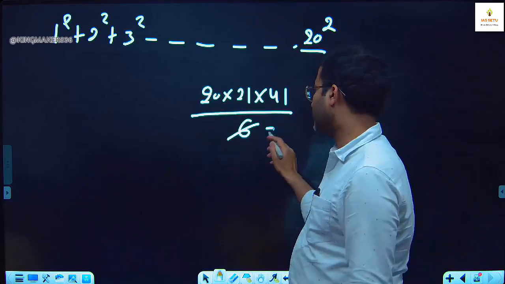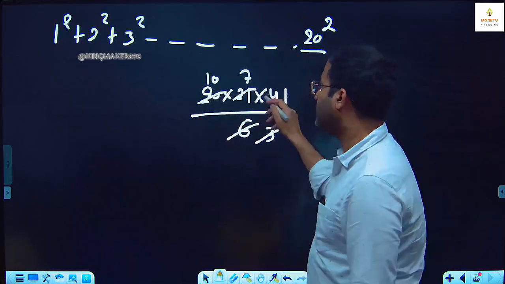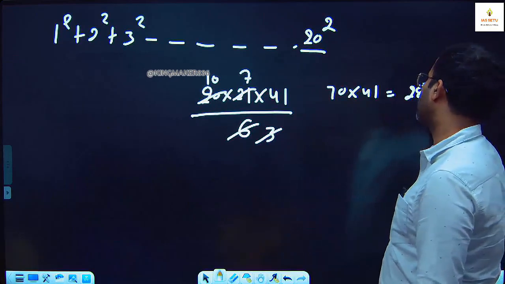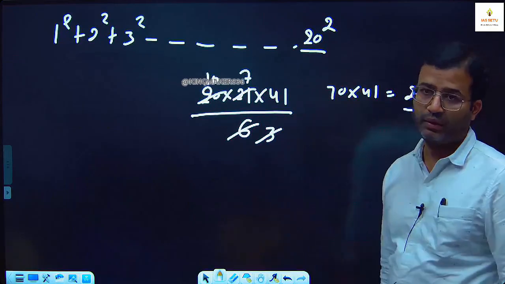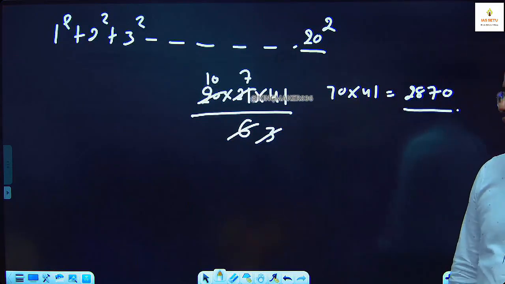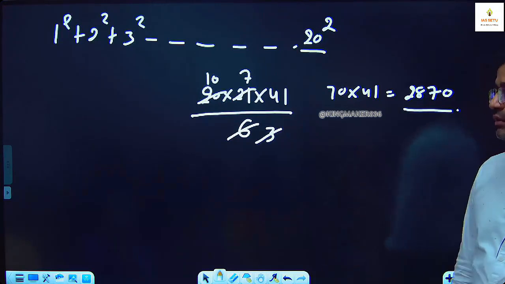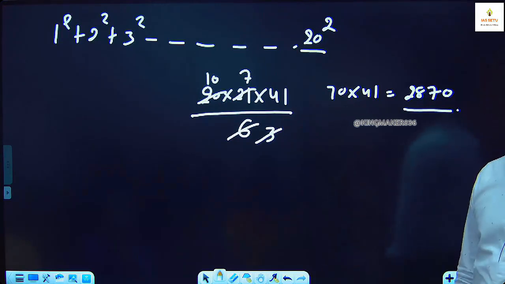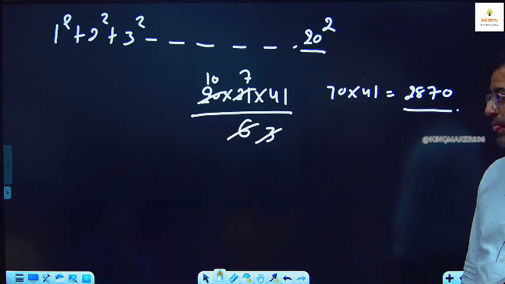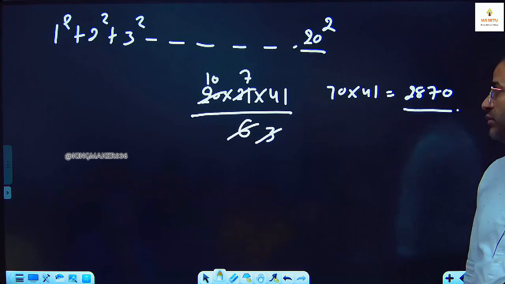So first divided by 2, 3 and 10, then cancelled this, 7, 70 into 41, so it is 287, 2870. Okay, if you are slow in calculation, we will take care, but don't make mistakes. No calculation mistake is accepted here. If you are slow, okay, we have scope to increase our calculations.